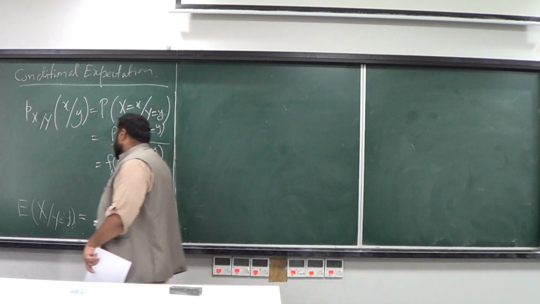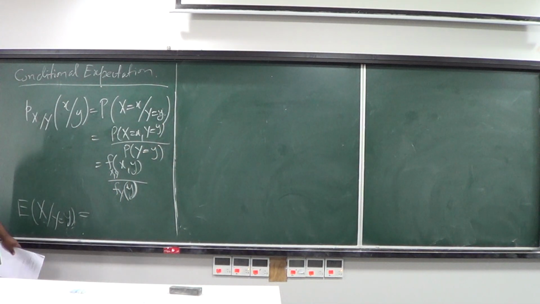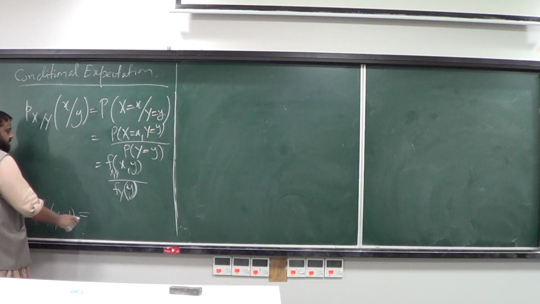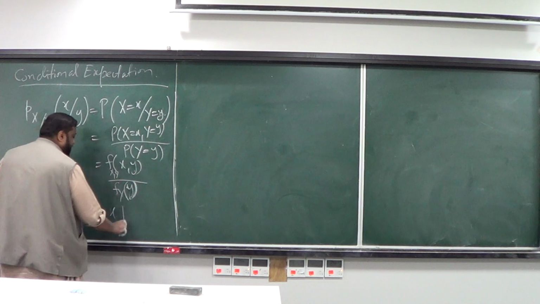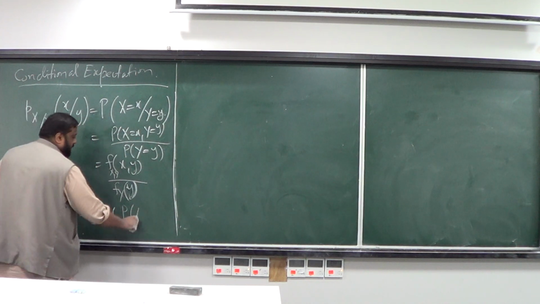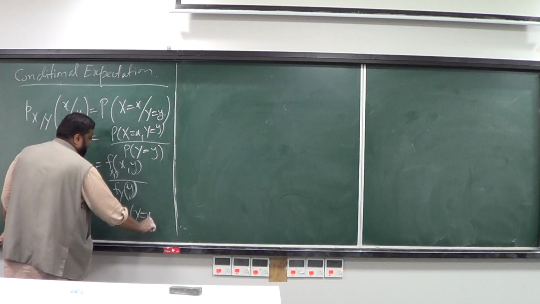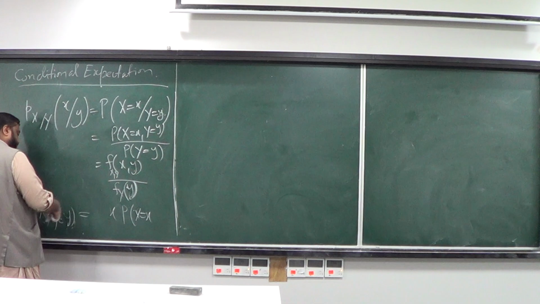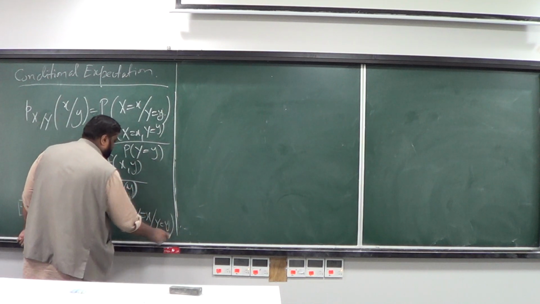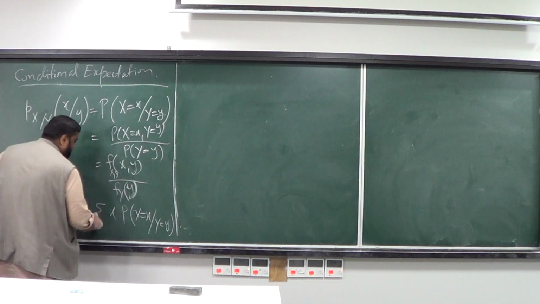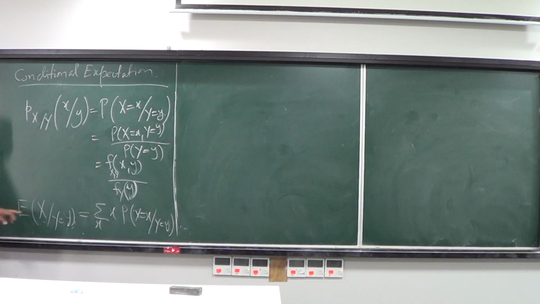The conditional expectation in the discrete case is precisely the same: x takes some value x, multiply this with the corresponding probability that x is x, but don't forget the given information, given y, and sum up over all such x.